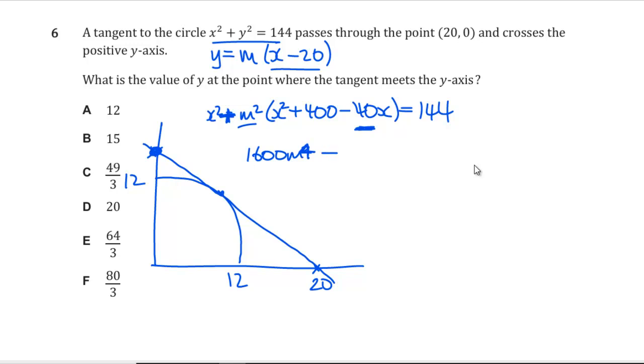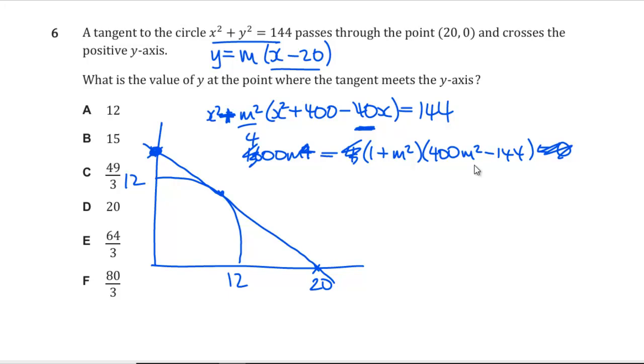And then I need to take off 4 times, so my a is 1 plus m squared, and my c, oh, this is horrible. Am I doing this right? Anyway, 400 m squared minus 144, I'll see how bad it looks when I get to the end, and that's got to be equal to 0. Well, I suppose I can get rid of a few things, can't I? I can set these equal to each other, get rid of that 4, make that a 400.